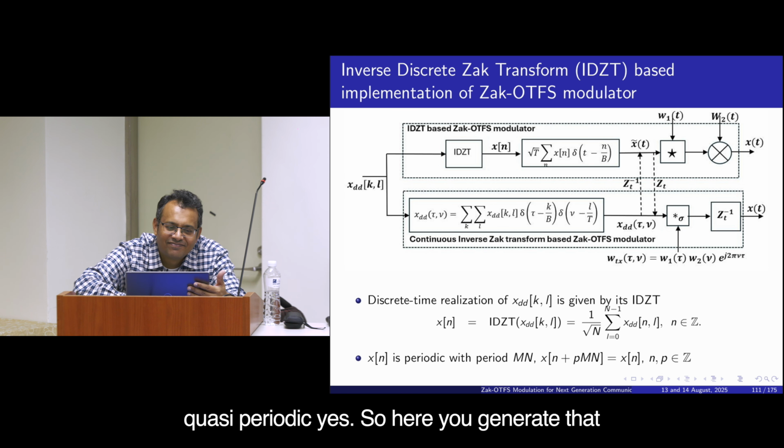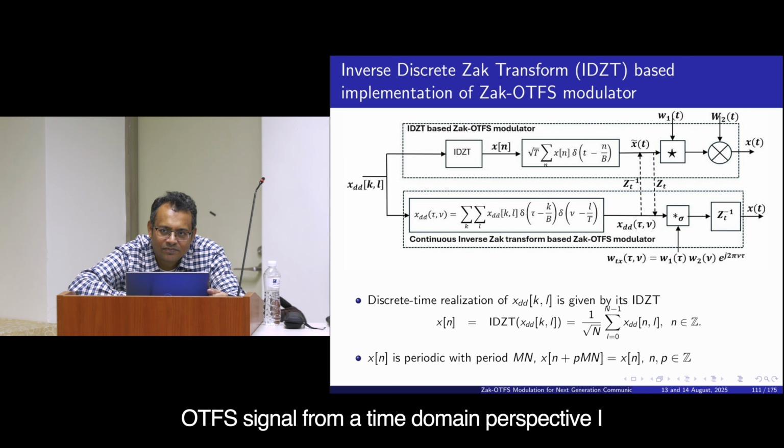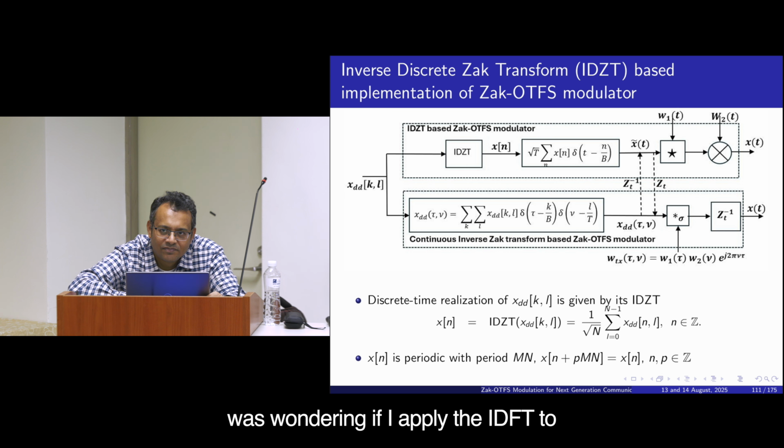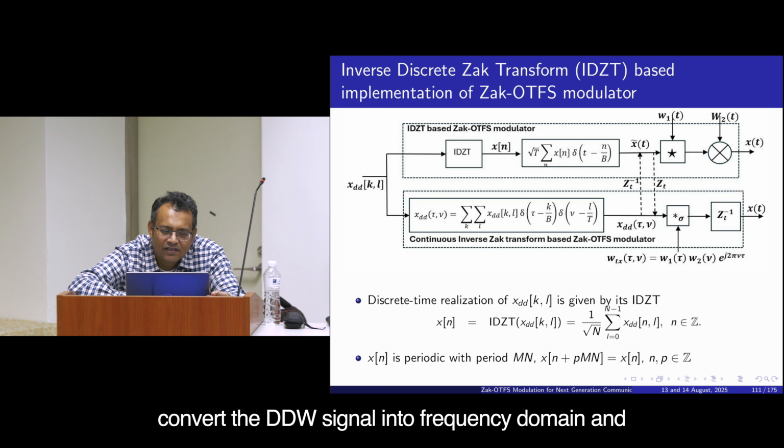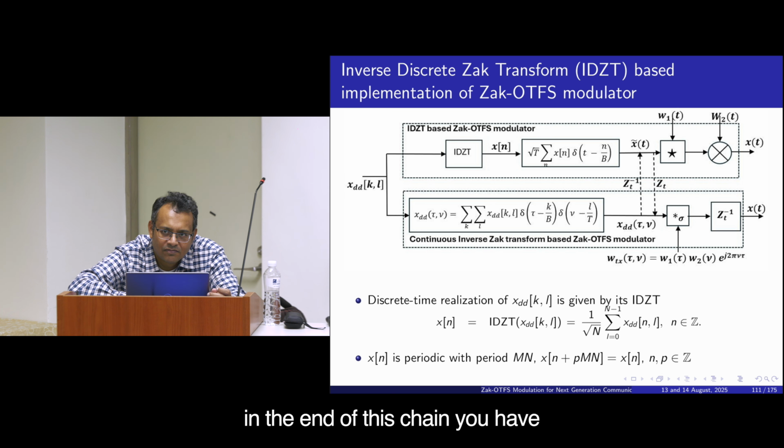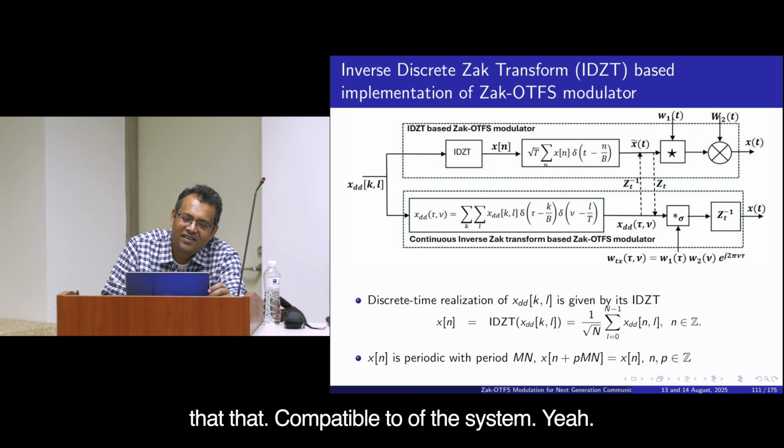So here you generate your Zak-OTFS signal from the time domain perspective. I was wondering if I apply the IDFT to convert the DD domain signal into the frequency domain, and at the end of this chain, you have the IFFT to convert into the time domain signal. I have done that, compatible to an OFDM system. Yeah, so I did that.